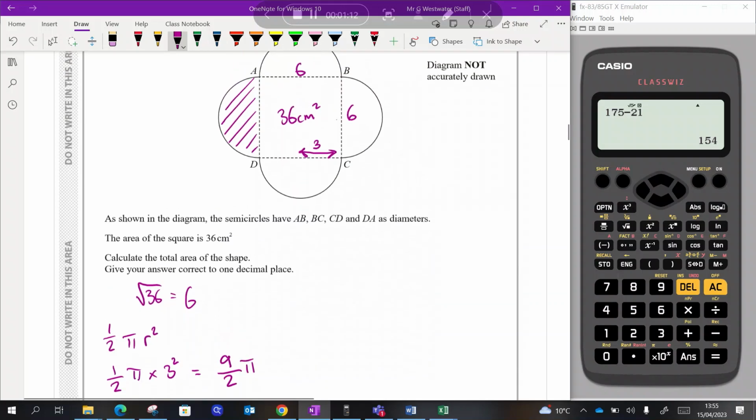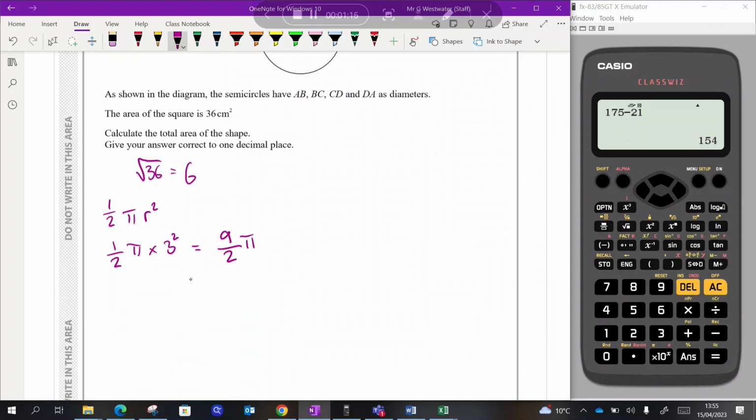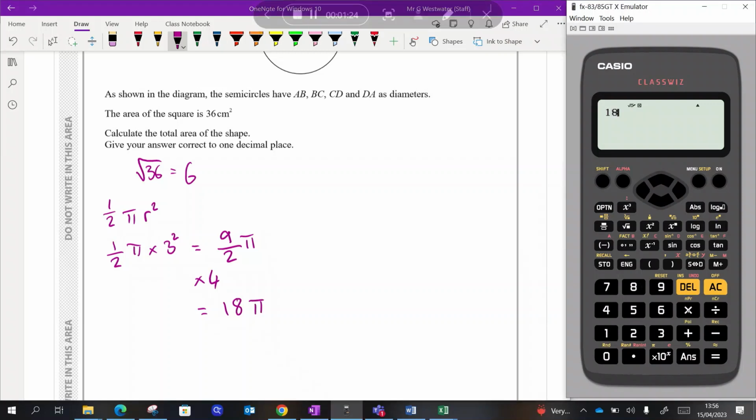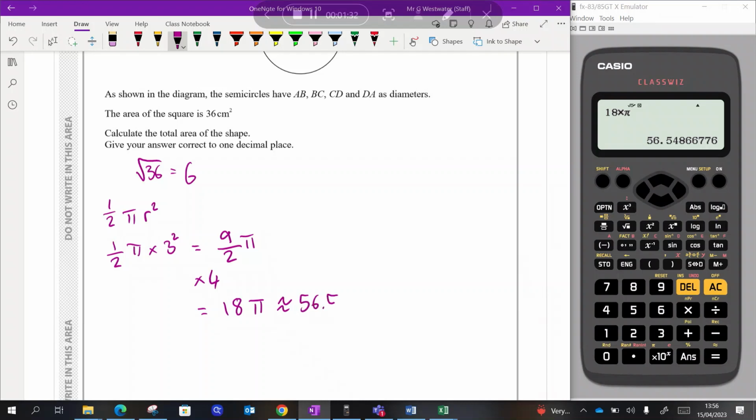And we've got 4 of these. So if I times this by 4, we get 18 pi. And you can work out the decimal value of this if you want. 18 times pi, which is 56.548667776 dot dot dot going on.